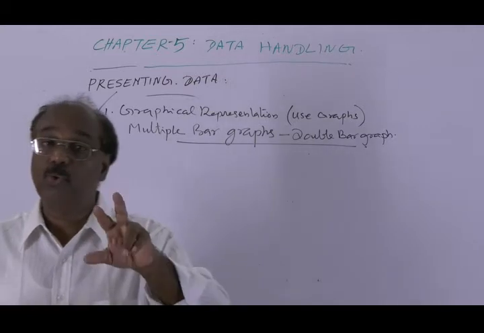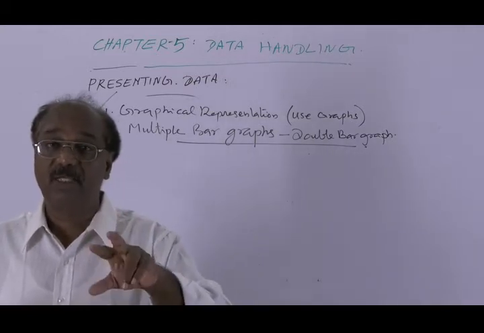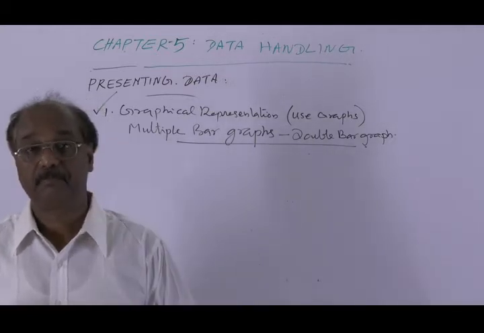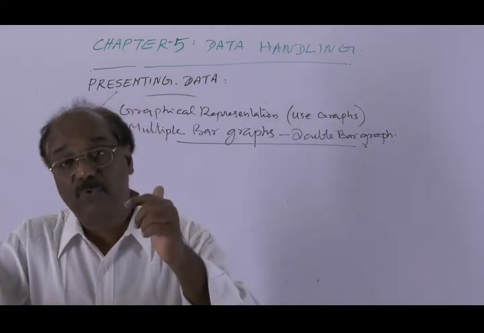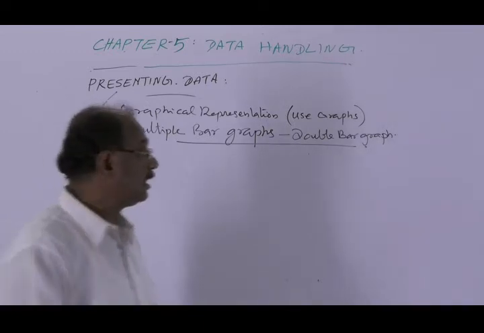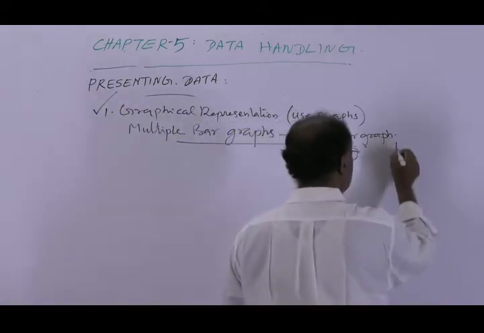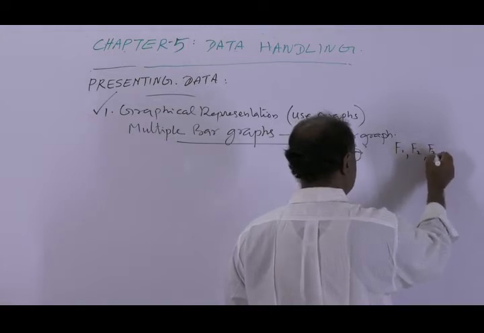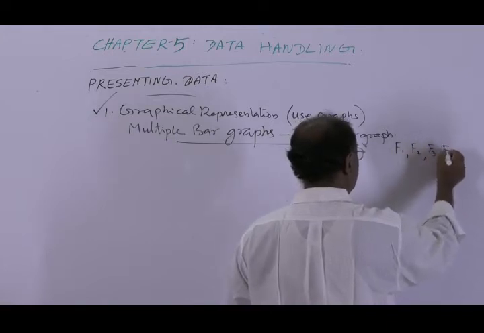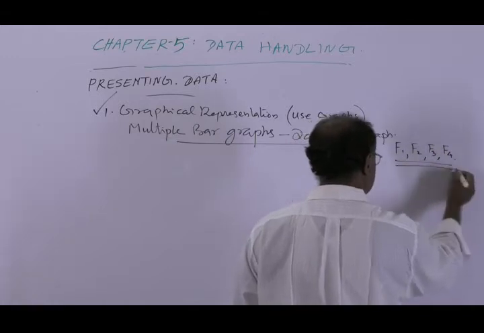So there will be 2 observations, 2 data values for each family. For convenience, suppose we consider only 4 families, denoted by family 1, F1, family 2, F2, family 3, F3, and family 4, F4.